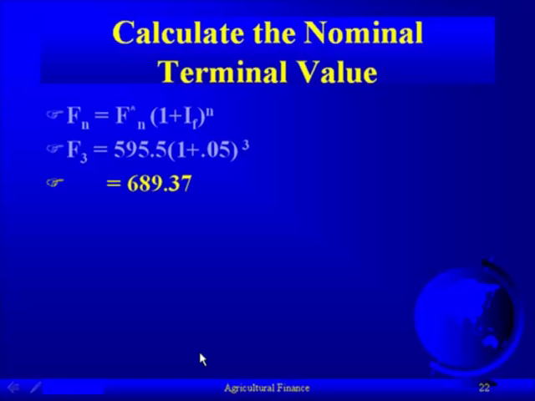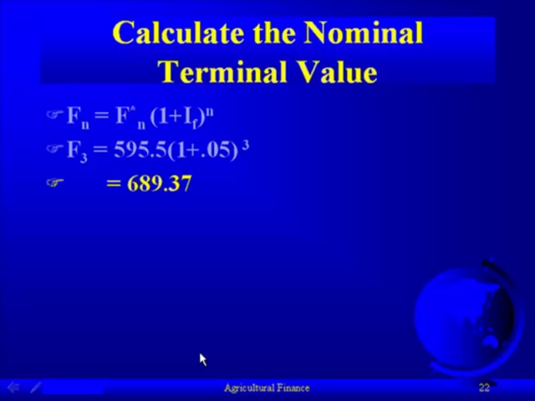What this says is that the farmer paid $500 for that land. At the end of 3 years, he's going to sell it for $689.37. A sizable increase. We're saying part of that came from the real increase, and part of it came because of inflationary factors in the economy.